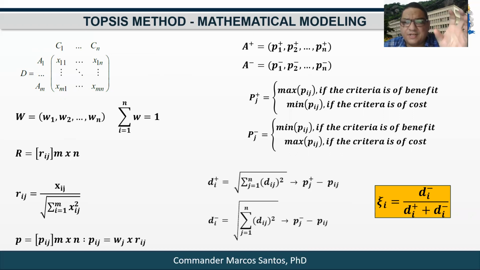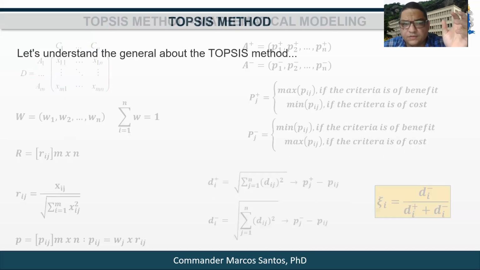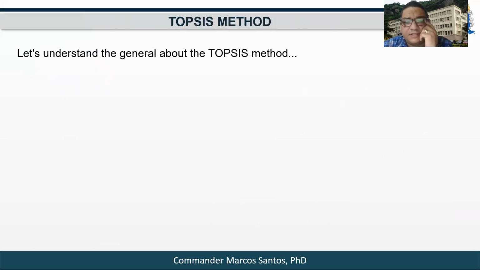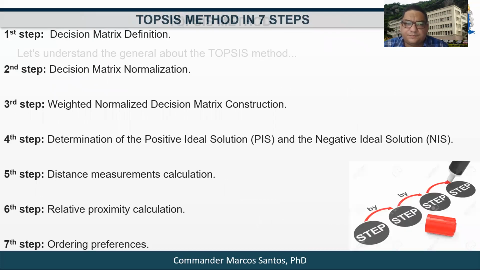Don't worry, these equations are very simple, very easy. So let's understand the general idea about the TOPSIS method. We have 7 steps, and I will calculate step by step.